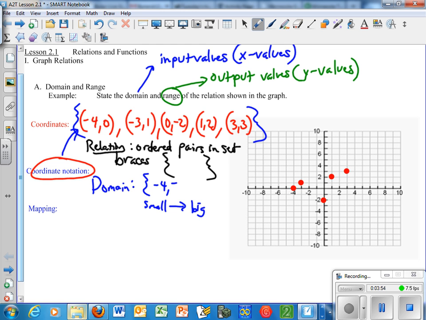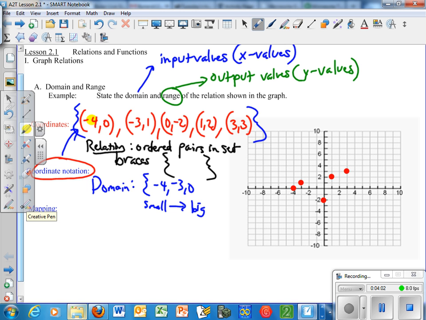So -4, -3, 0 is the next x value, and then 1, and then 3. Again, we're putting them in set braces. So when you're asked for the domain of a relation, it's all the x values or the input values listed from smallest to biggest.